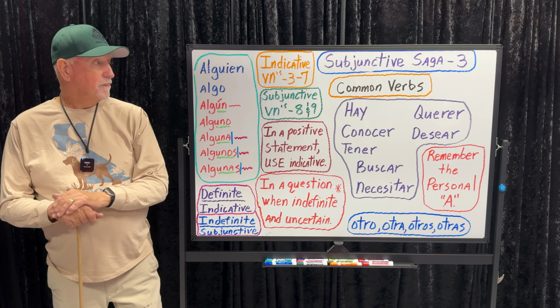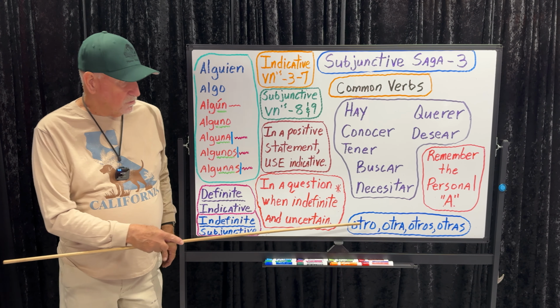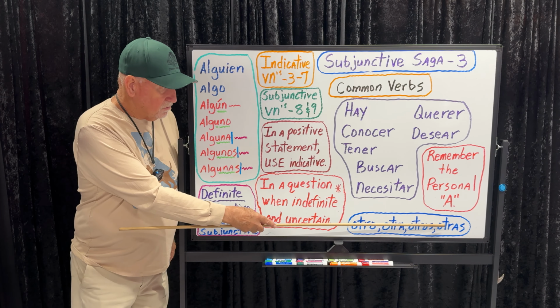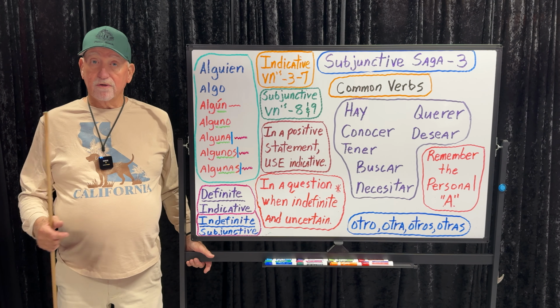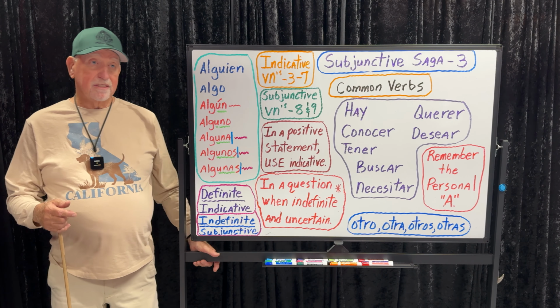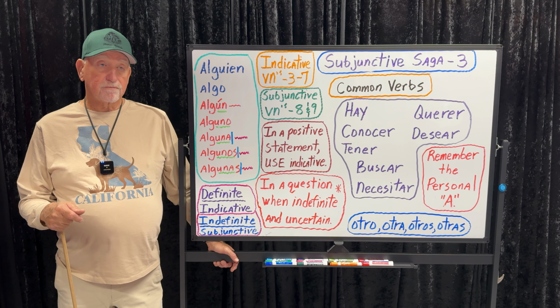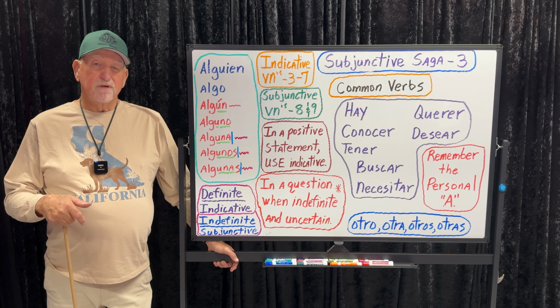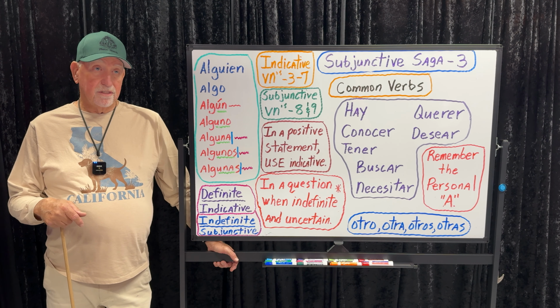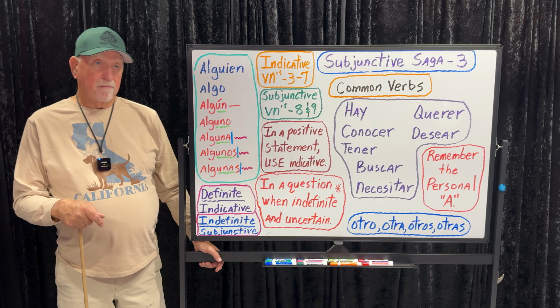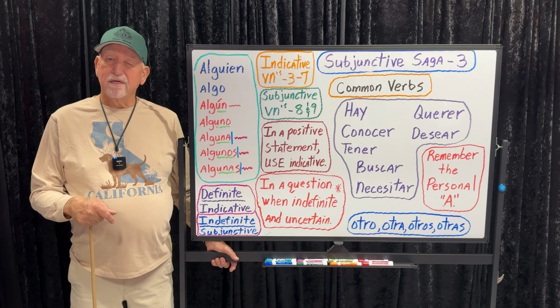Down here with otro and otra, otros and otras, that means another one or other. For example, let's say someone gives you a book and you don't find it very interesting. You tell the librarian, please, I need a book that's more interesting.